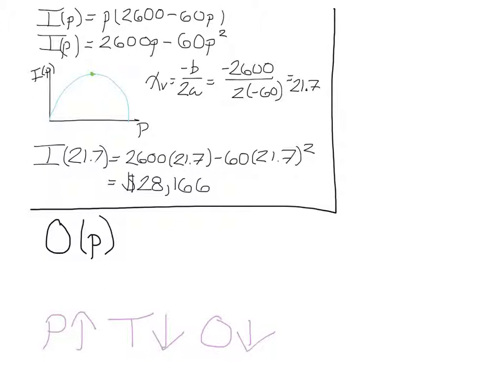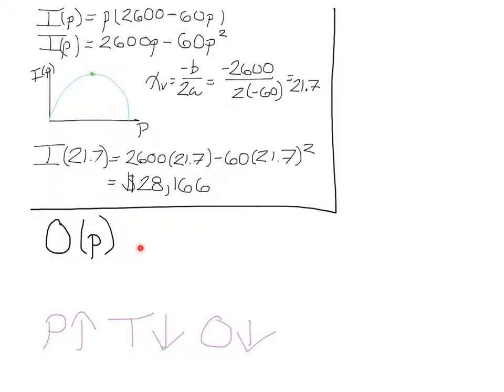So let's review that. The price of the tickets goes up, the number of tickets that we sell then would go down. Then the number of tickets that we sell decreasing means that our operating cost is also going to decrease. So if we take all this, we can summarize that by saying, the more I charge for my tickets, the less I have to pay in operating cost.